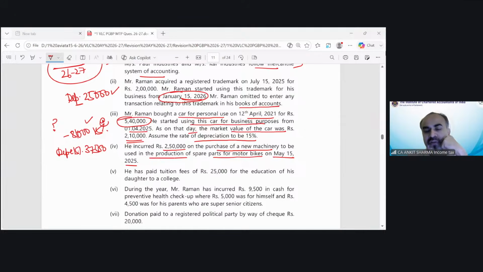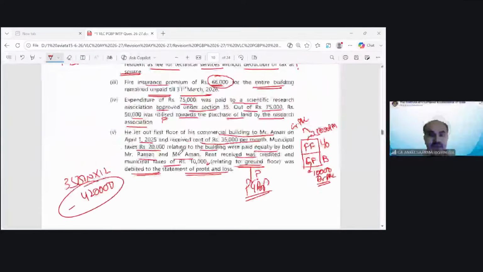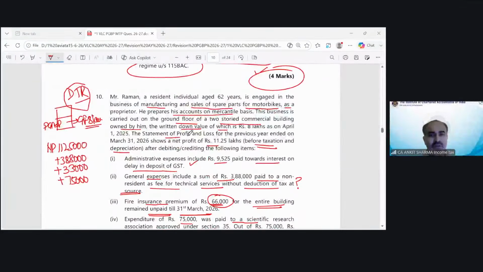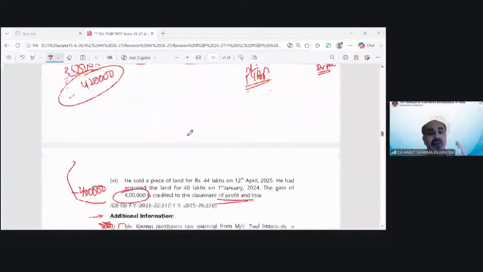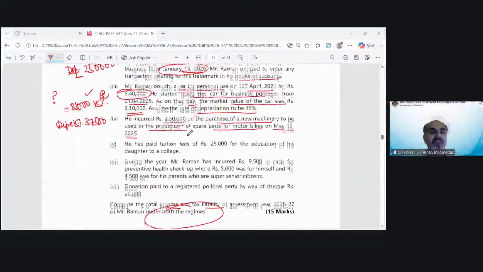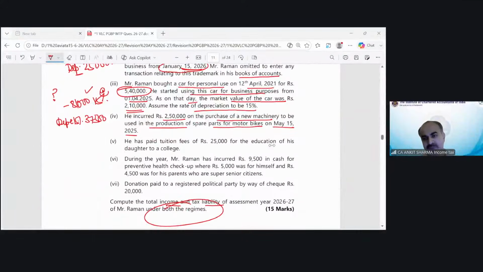Very good. When we are involved in manufacturing, because you can see in this question the assessee was in manufacturing, and if you purchase new plant and machinery which is used for production purpose, then you can claim additional depreciation. Absolutely right.